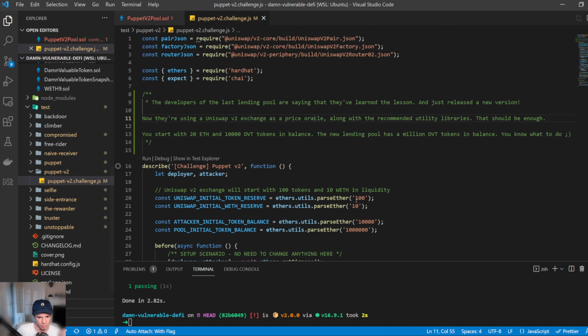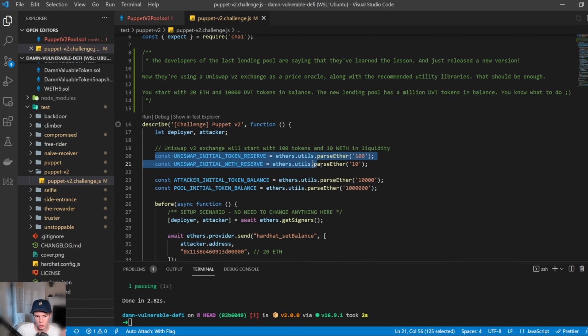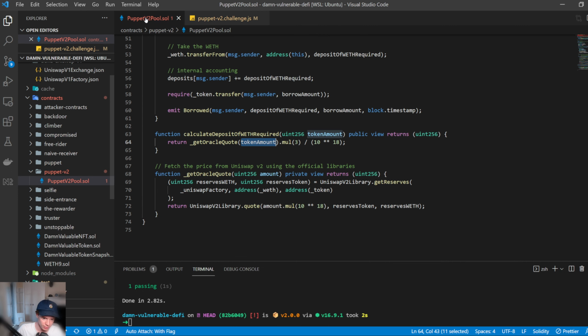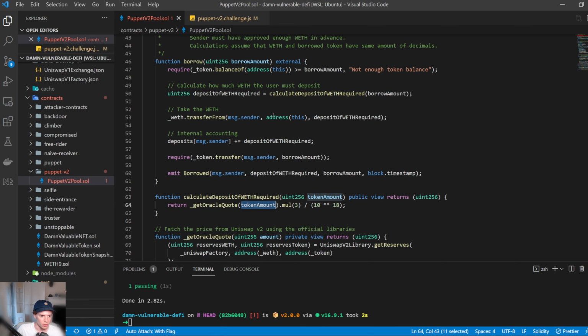In the initial setup, the Uniswap initial token reserve is 100 and the WETH reserve is 10. So currently, 1 token is worth 0.1 WETH, so borrowing 10 DVT tokens would cost approximately 3 WETH.